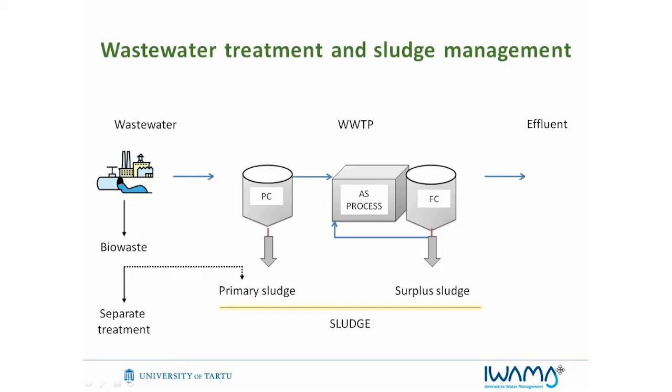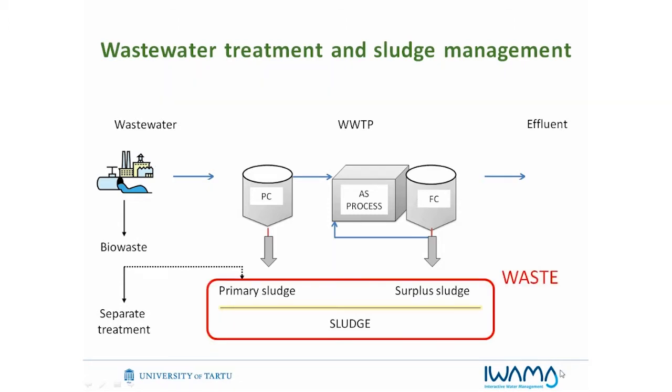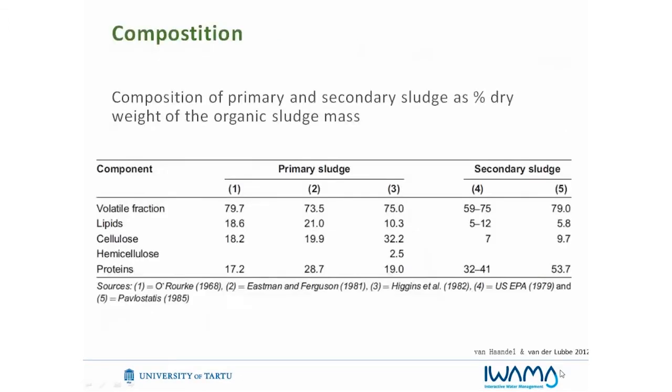So there is a tendency that this bio-waste or organics, grease and fat coming from the household, can also be digested together if there is an anaerobic plant at the wastewater treatment plant. But it has to be considered that this is waste, and this is not mainly an energy project, but a wastewater treatment process.